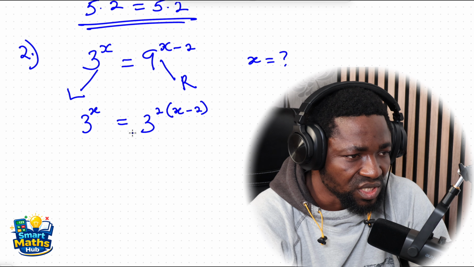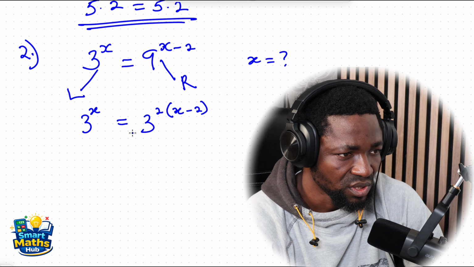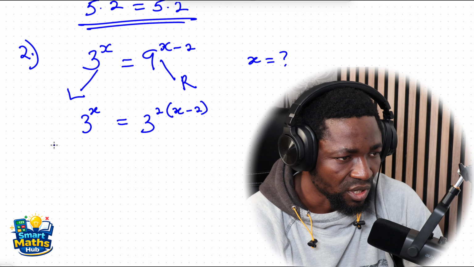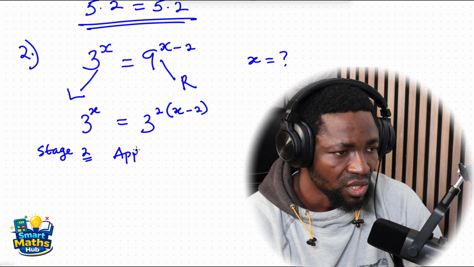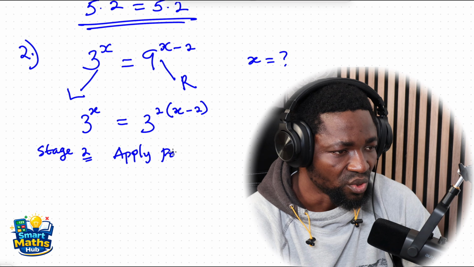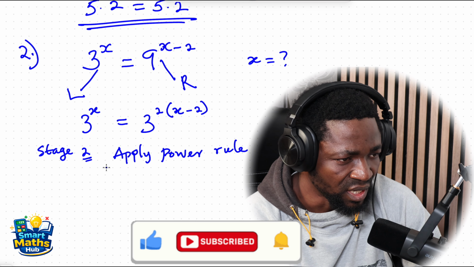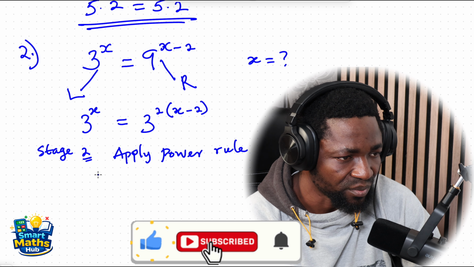Stage 2 is to apply the power rule. Let me write the formula out: open your bracket, a raised to power m, close the bracket, raised to power n.